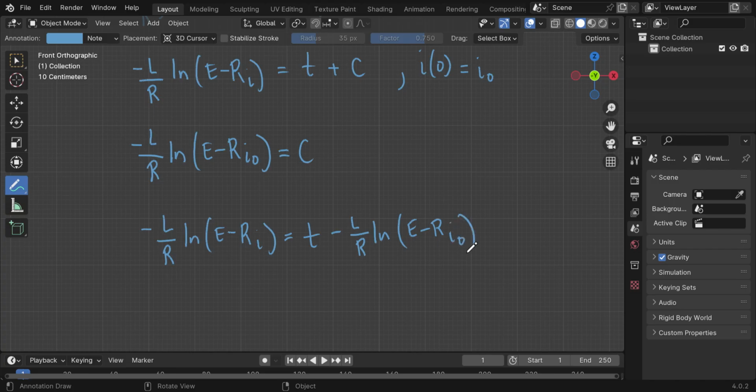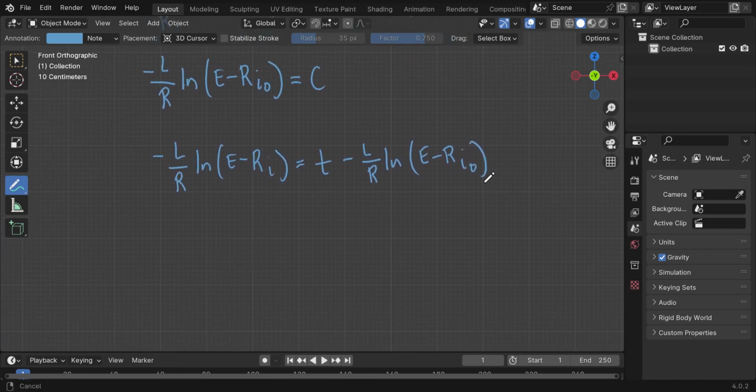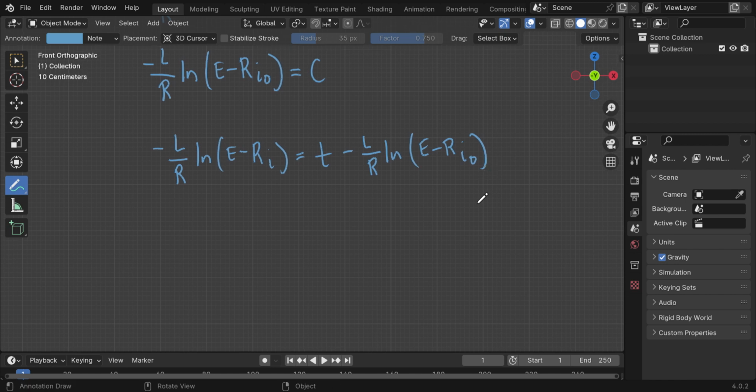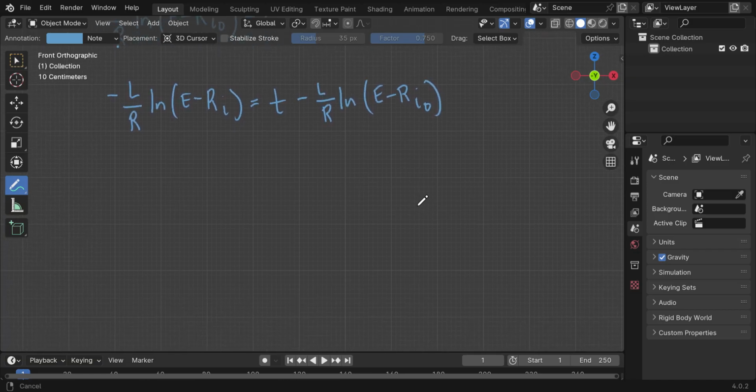And that's a pretty big monster. What we want to do is try to get I by itself. Now it's pretty buried, so let's work at it step by step.